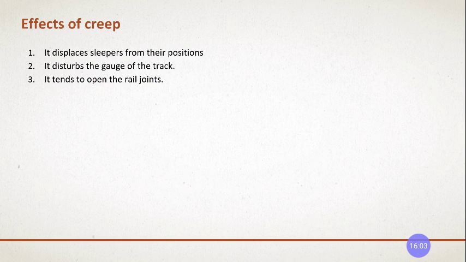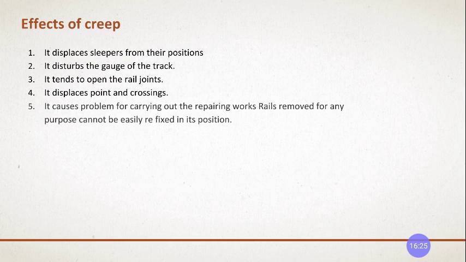As I said, at one side it closes the joint, but on the other side it tends to open the joint more. It also displaces the points and crossings. So it is a very dangerous thing to displace the points and crossings.